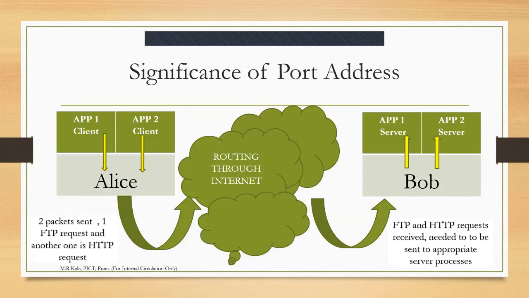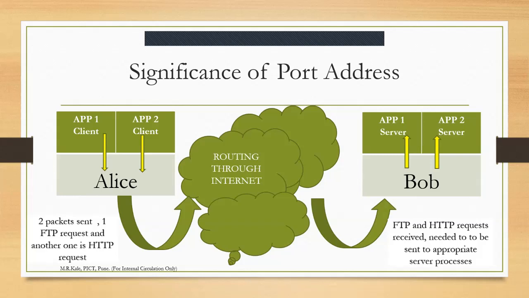I hope the idea of process to process communication is clear. So we have hop to hop communication, which is at every step. At every step, MAC addresses of the source and destination change. And so MAC address is used for hop to hop communication. Throughout the communication, IP address of the source and destination do not change.